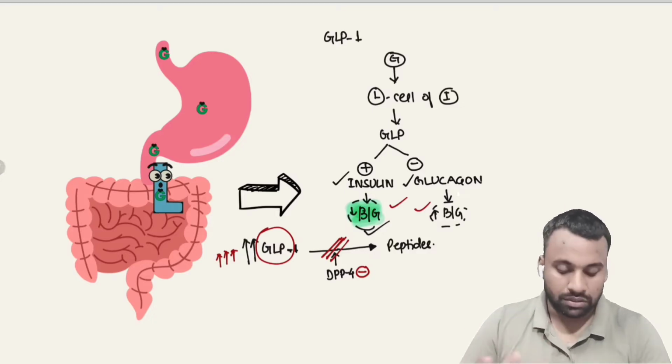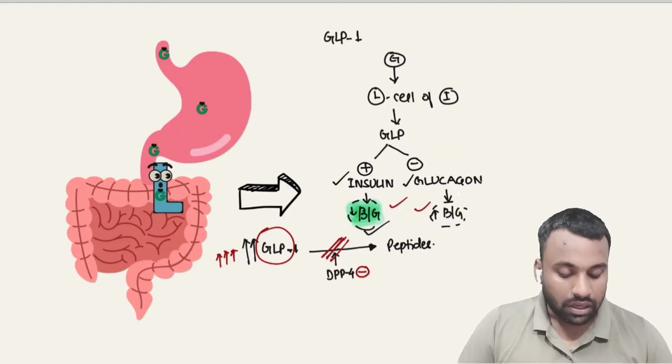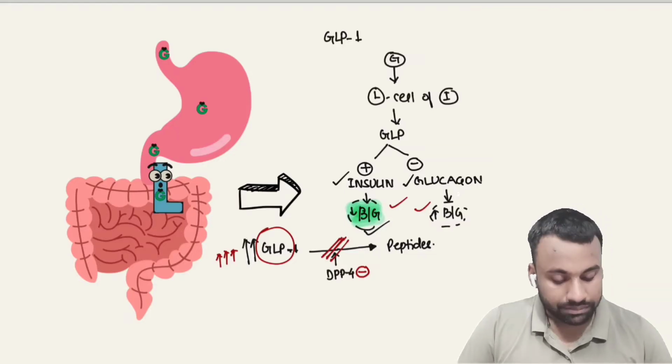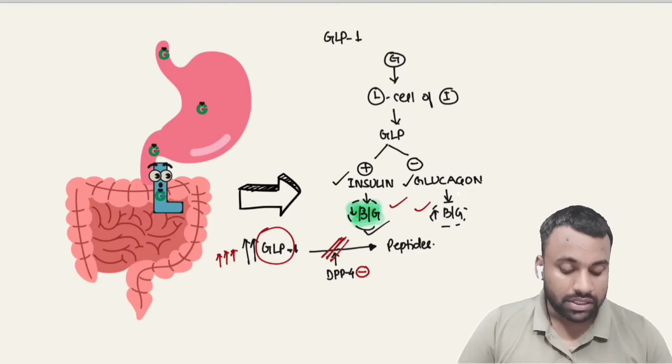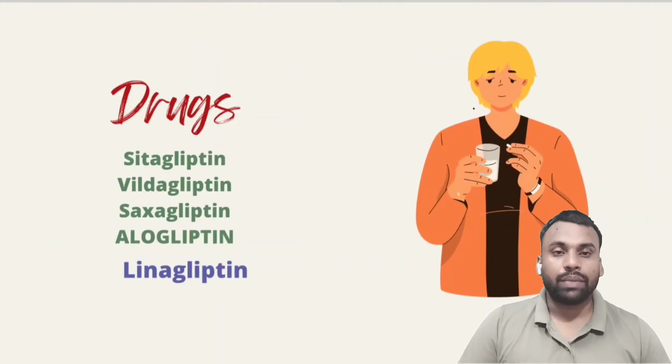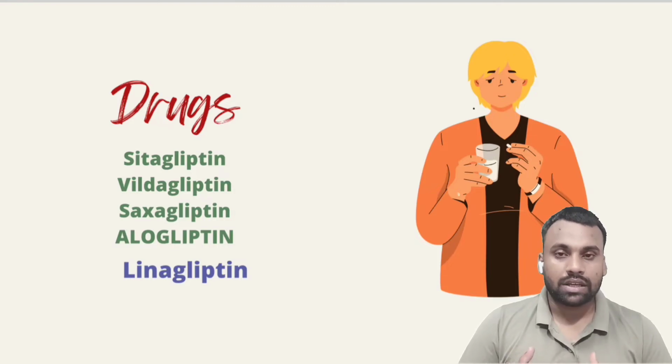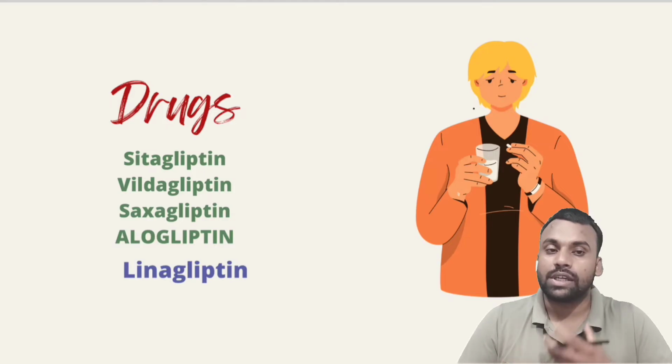Now we can understand what drugs are included in the DPP-4 inhibitors. You can learn in a single step that DPP-4 inhibitors mainly increase GLP-1.